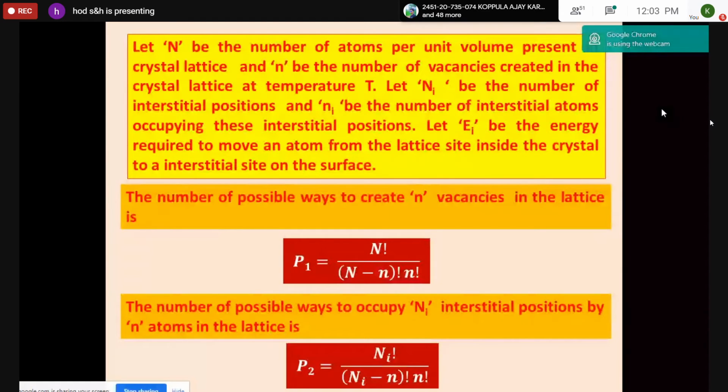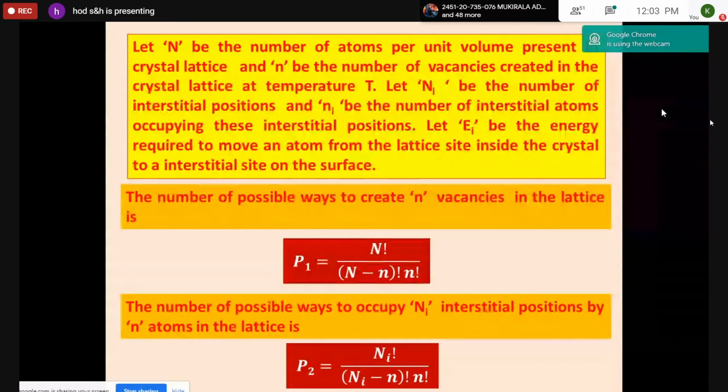And Ei is the energy required to move an ion from inside the crystal to an interstitial position. Is this concept clear? It is a little bit tricky. Yes, anyone? Yes, sir. Because here the creation of a vacancy and occupying an interstitial site are two disorders.